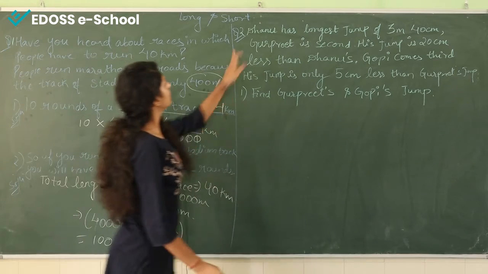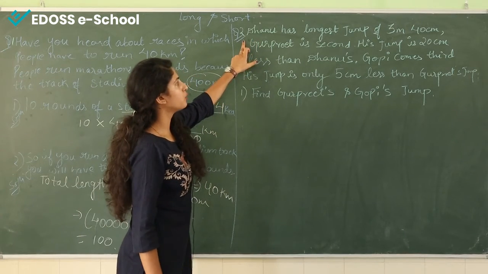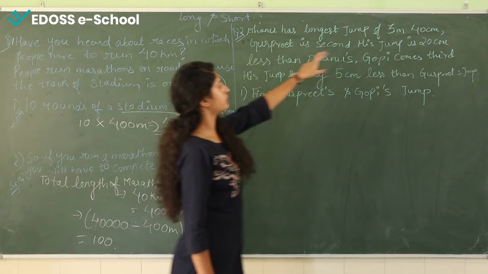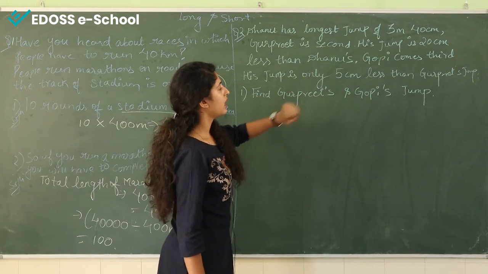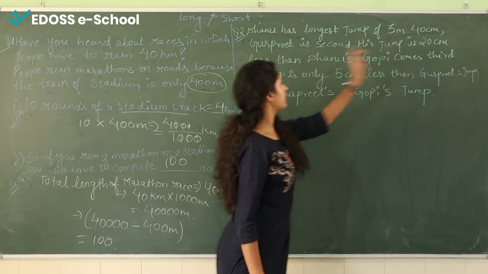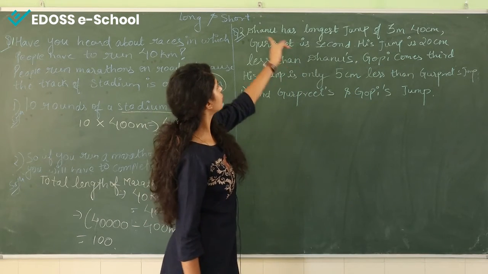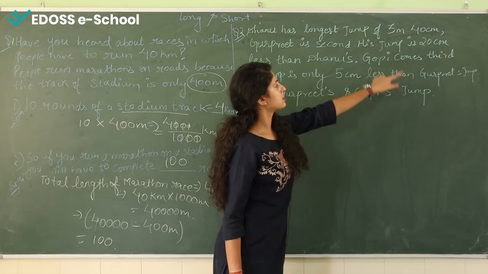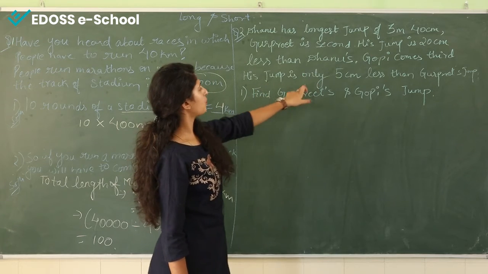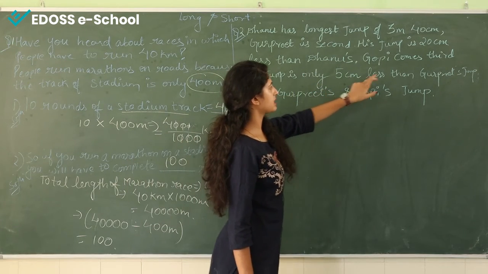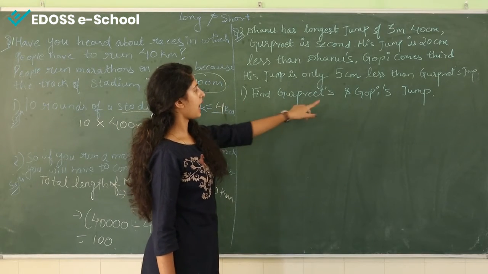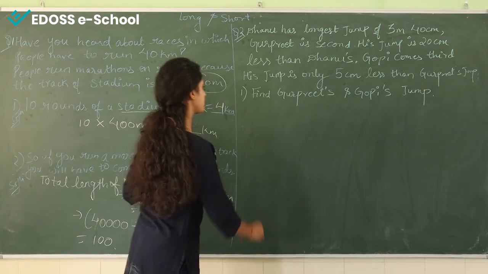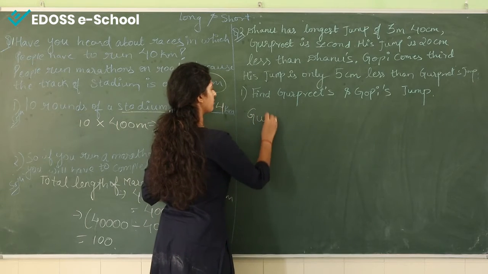Now, next question is, Dhanu has the longest jump of 3 meter 40 centimeters. Gurpreet is second. His jump is 20 centimeters less than Dhanu's jump. Gopi comes third. His jump is only 5 centimeters less than Gurpreet's jump. Here the question is find Gurpreet and Gopi's jump. So first we'll find Gurpreet's jump.